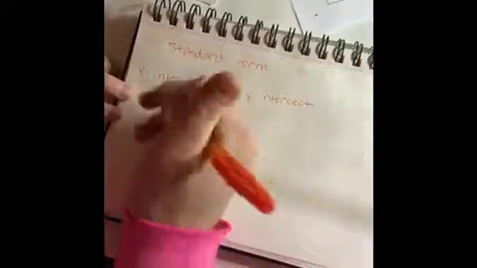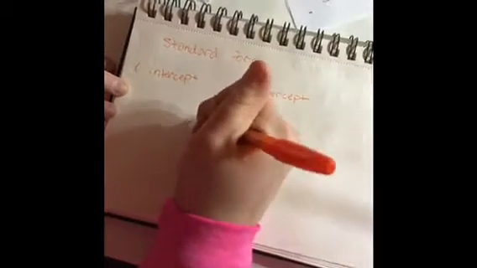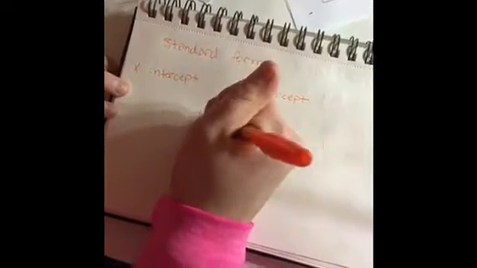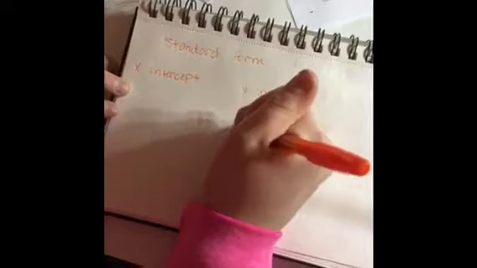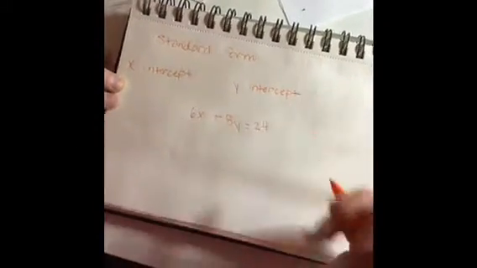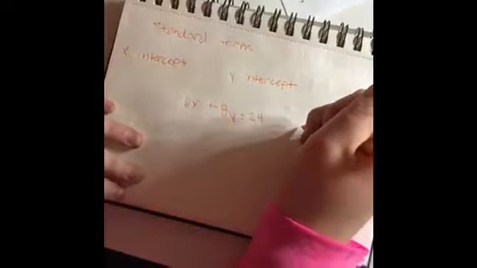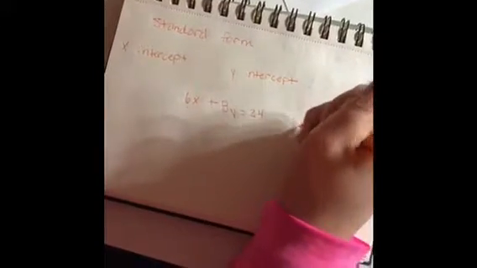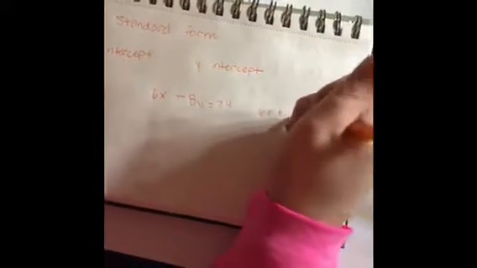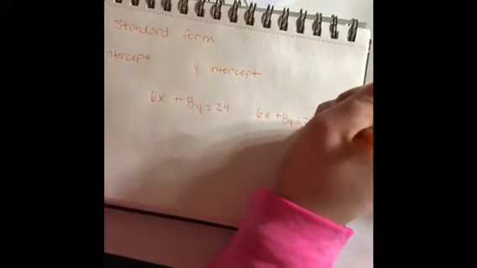We're also going to try to find the y-intercept. So the problem we have today is going to be 6x plus 8y equals 24. And you're also going to have to write that same equation, but we will tell you why just in a little bit.